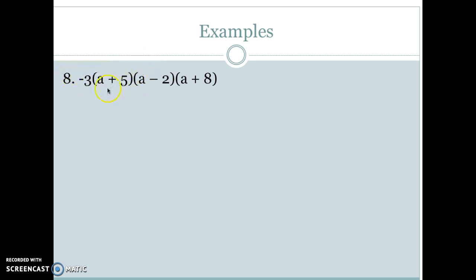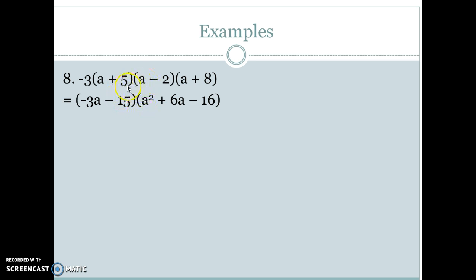We have negative 3 times (a plus 5) times (a minus 2) times (a plus 8). So first we want to combine this negative 3 and this a. Since there's nothing within my parentheses that I can combine, I'm going to take this negative 3 and distribute it into my first set of parentheses. So negative 3 times a is negative 3a, and negative 3 times 5 is negative 15.